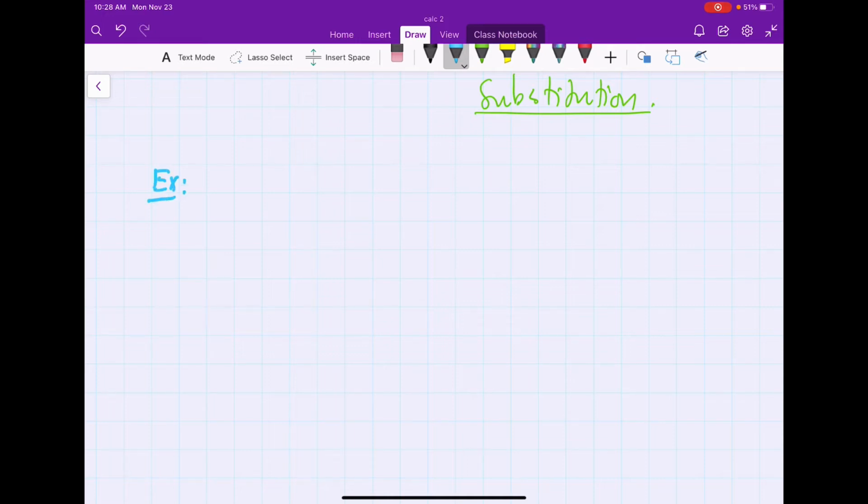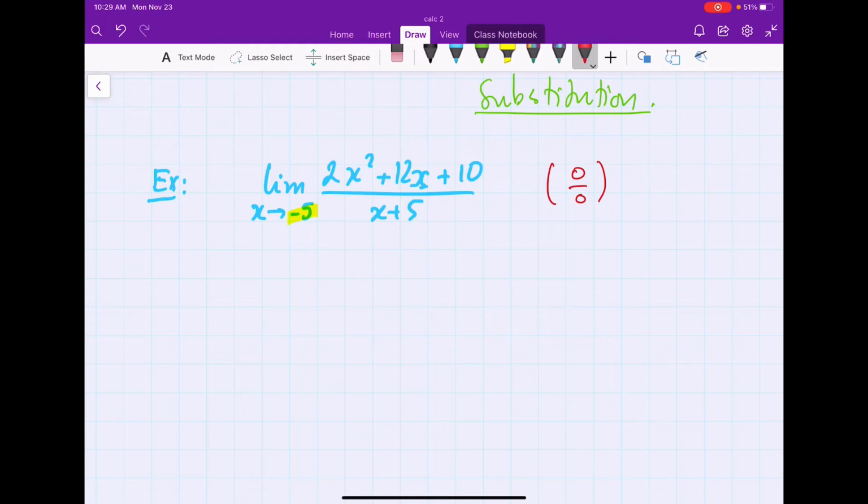The first example: find the limit of (2x squared plus 10x... ) over x plus 5 as x approaches -5. When you see a limit, the first thing you need to do is plug the point into the function, right? Here your point is -5. You plug -5 into the function, you get 0 over 0. What does it mean? That means -5 is a root of the numerator, right?